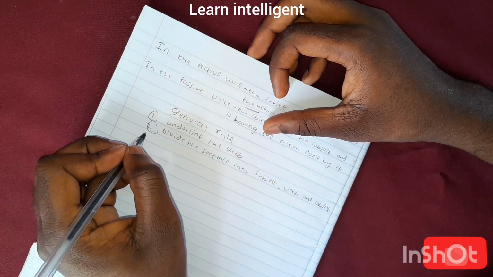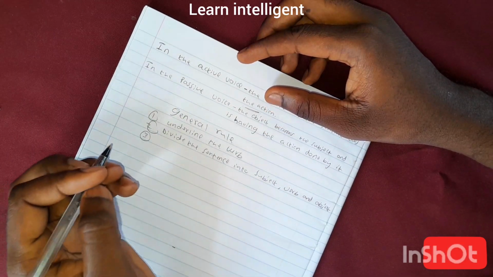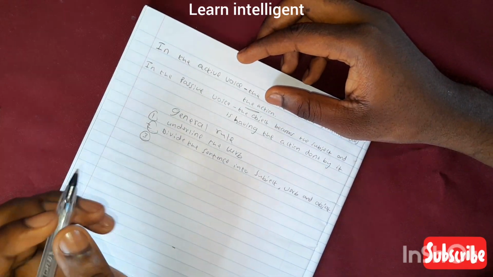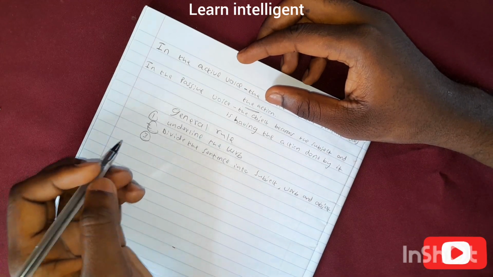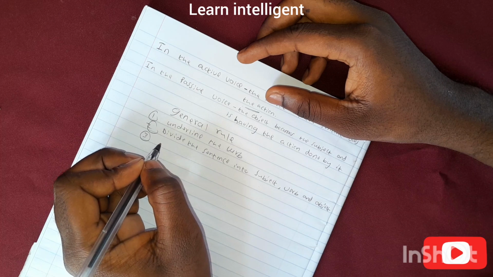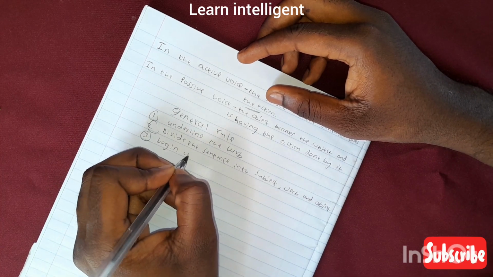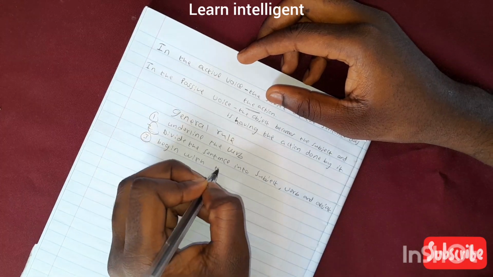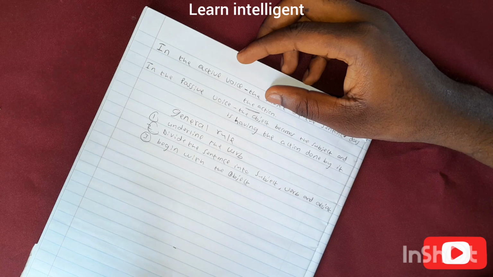Then after we have divided the sentence, the third rule is that we have to change the active sentence to a passive sentence, and we have to start with the object. We begin with the object.